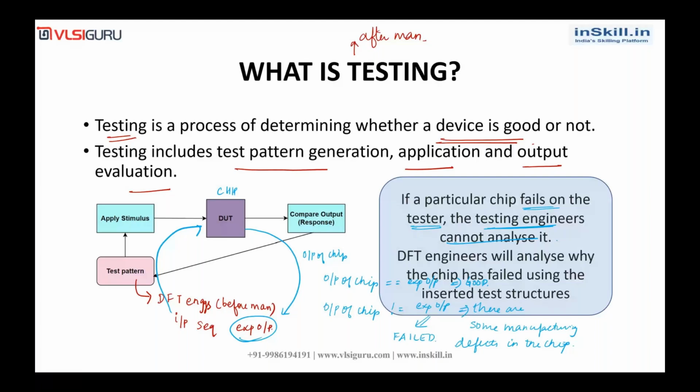DFT engineers will analyze why that chip has failed. That is, DFT engineers will be able to tell what manufacturing defect has caused the chip to fail, as I told in the previous slide.